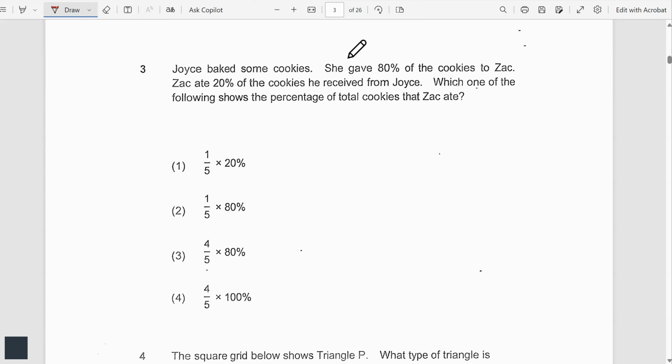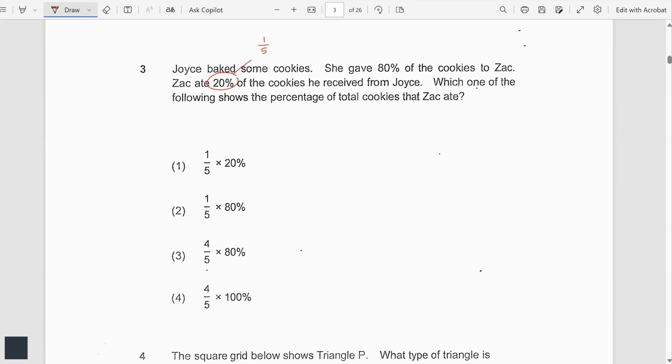Since we're talking about different totals, you cannot combine them. So what I want to do is change one of them to a fraction so that it's less confusing. Let's change this 20% to a fraction. 20% if we convert to a fraction is 1/5. So in other words, Joyce gave 80% to Zach and Zach ate 1/5 of that.